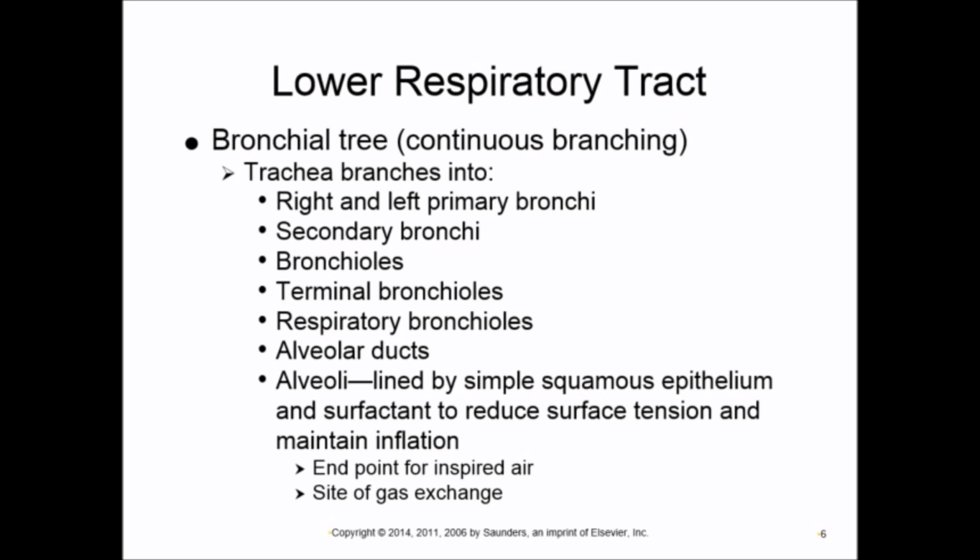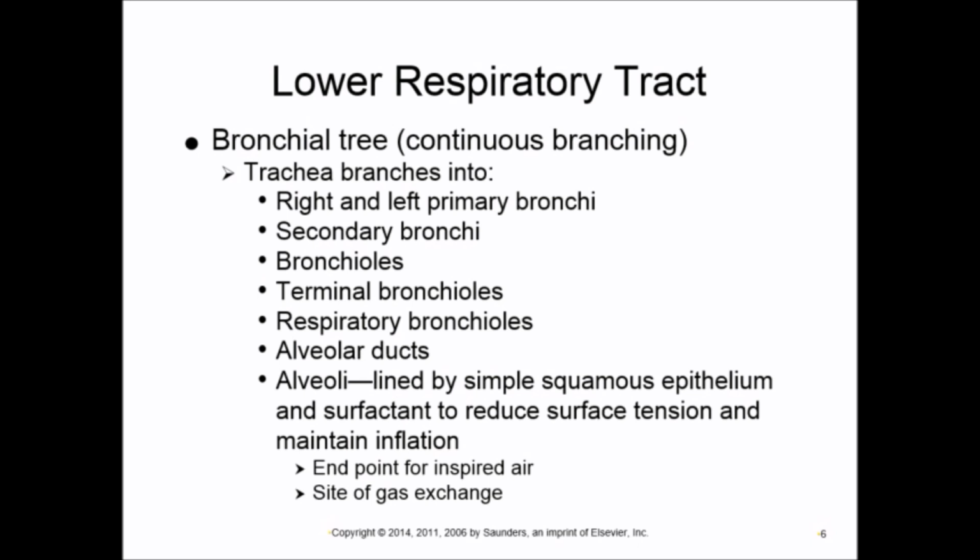And then bronchioles, terminal bronchioles, respiratory bronchioles, alveolar duct, and then the alveoli at the end. So you have right and left primary, you have the secondary, sometimes you call it tertiary, sometimes they say bronchioles.